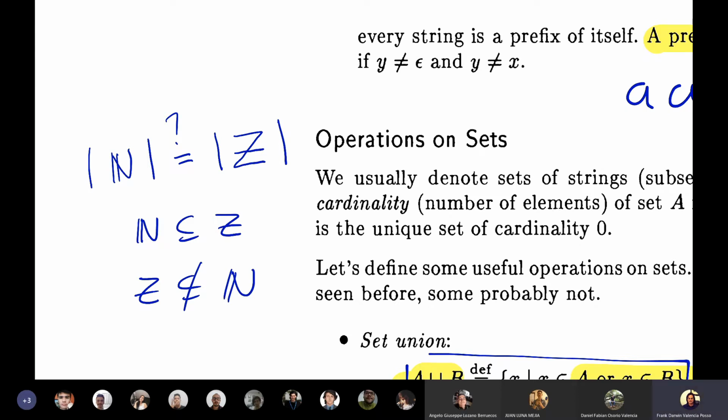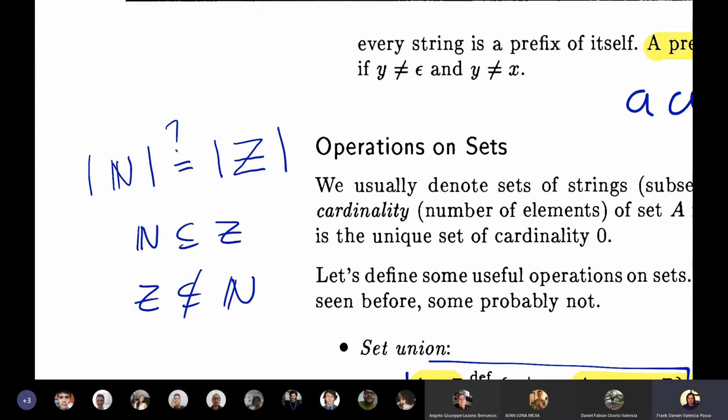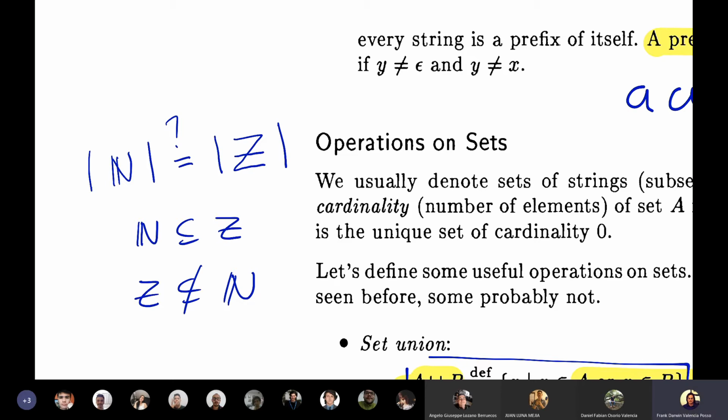Then your impression will be that this one is bigger because it contains this one strictly. But there is a way to compare the number of elements by having a function that associates to every element of this set a unique element of this.